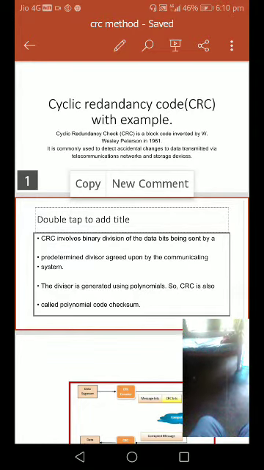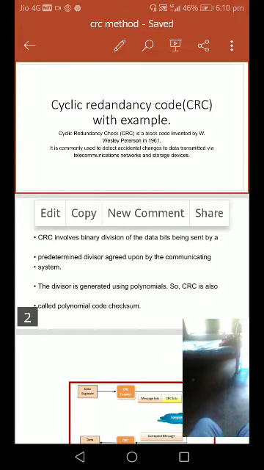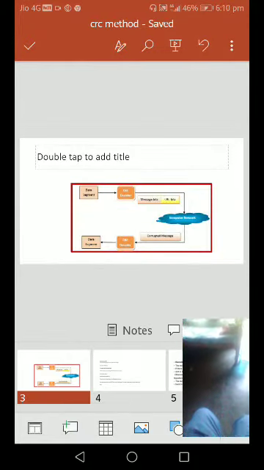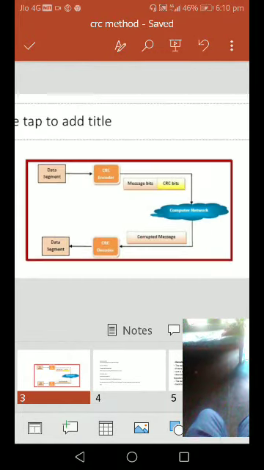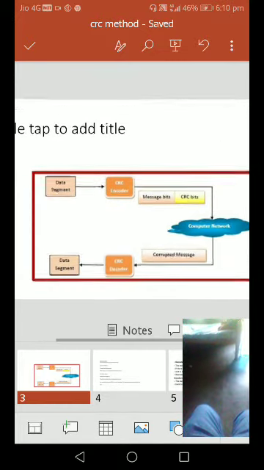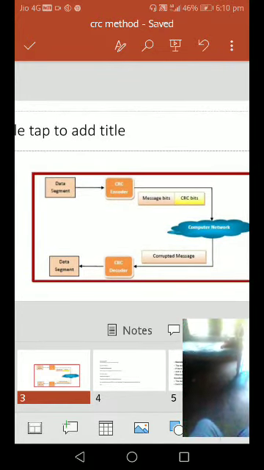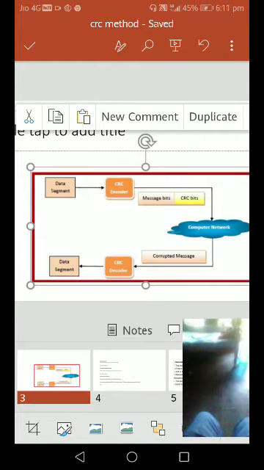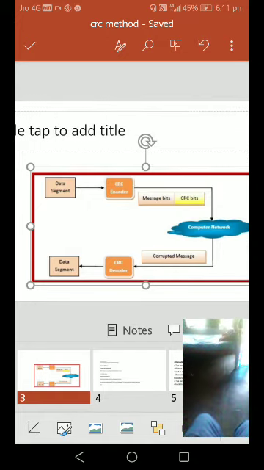This is the cyclic redundancy coding, and here is its block diagram. First we take the data segment, and then we generate the CRC using the encoder.